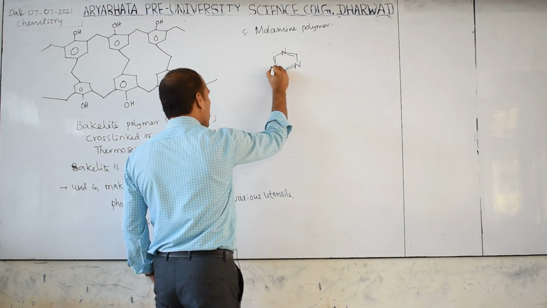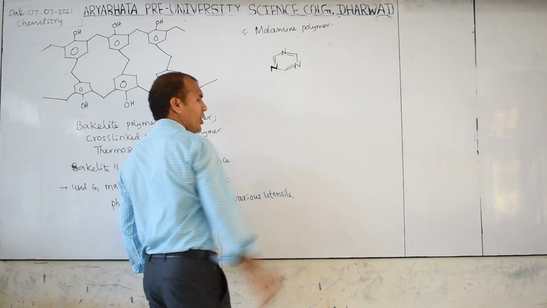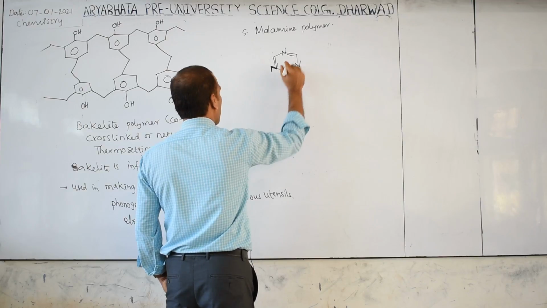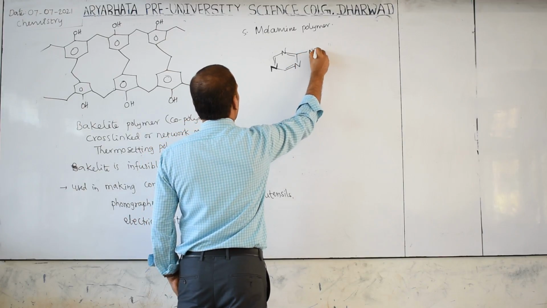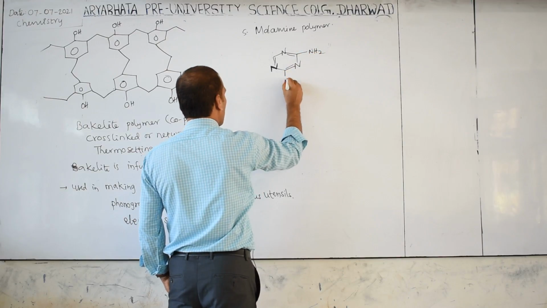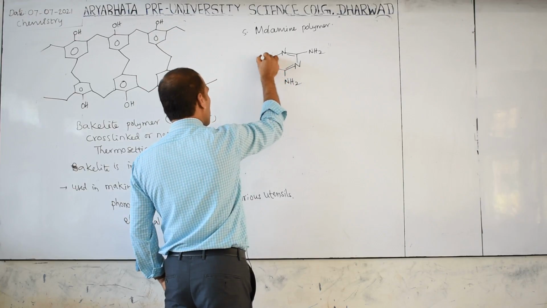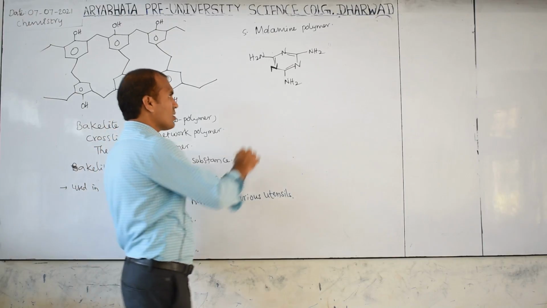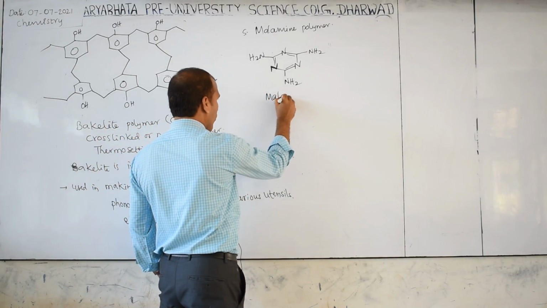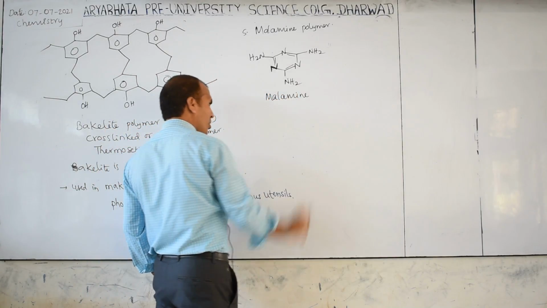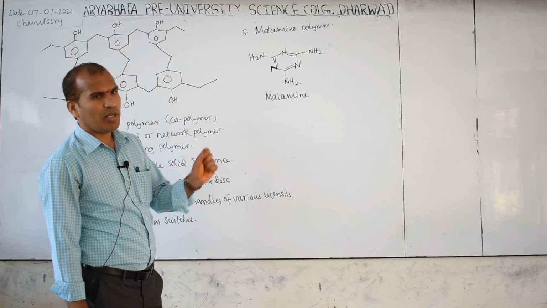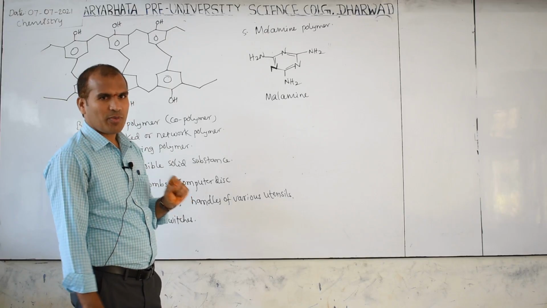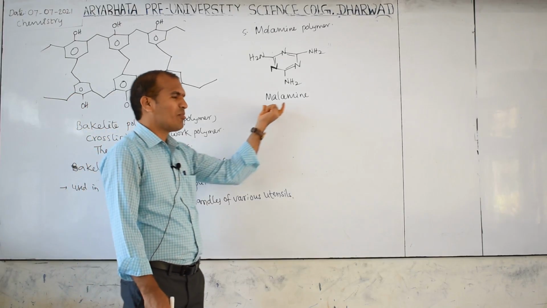How many nitrogens are there? 3 nitrogens and 3 carbons are there, with NH2, NH2, NH2. This is called melamine. The melamine polymer is different. Melamine is the monomer.